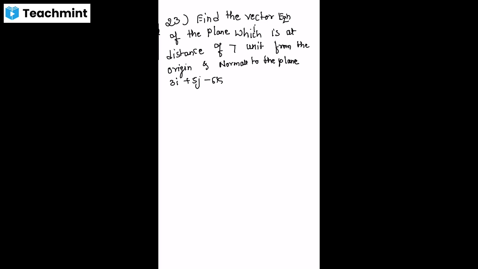Find the vector equation of the plane which is at a distance of 7 units from the origin, and the normal to the plane is given. So what they have given is the n vector. The vector n is given, so it is 3i plus 5j minus 6k.